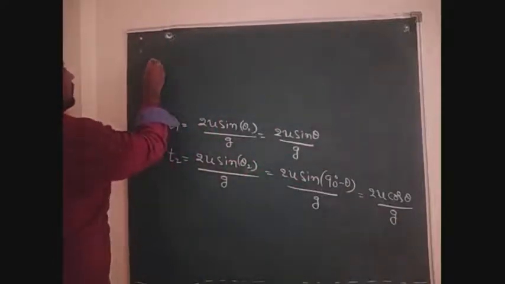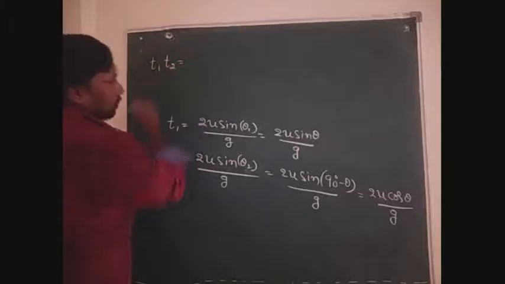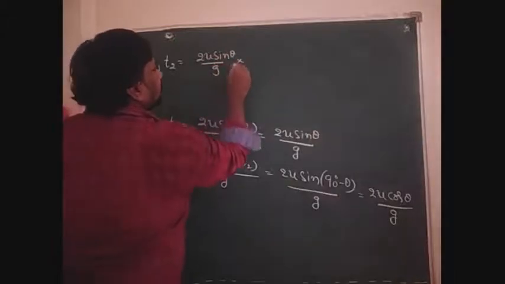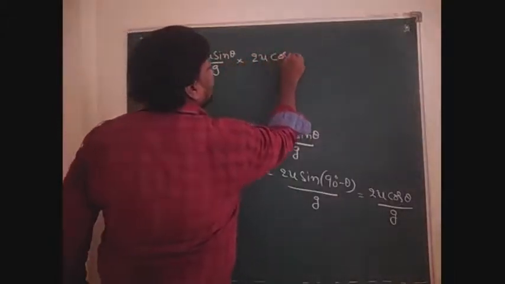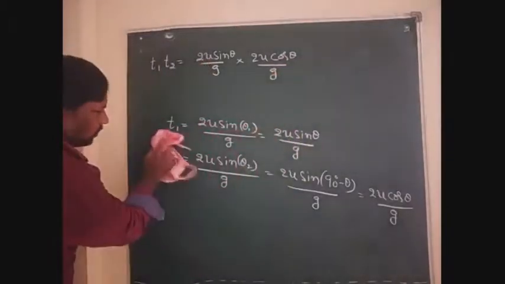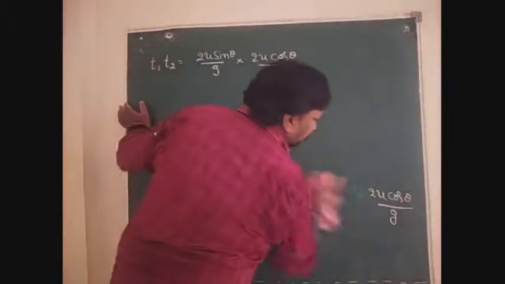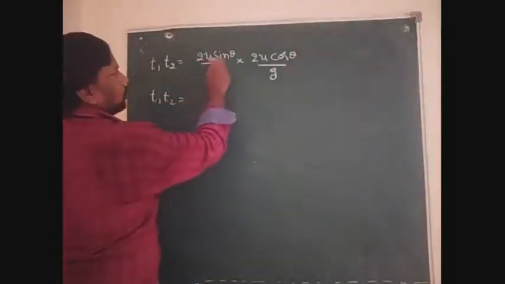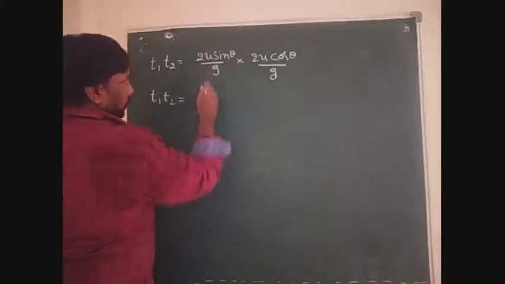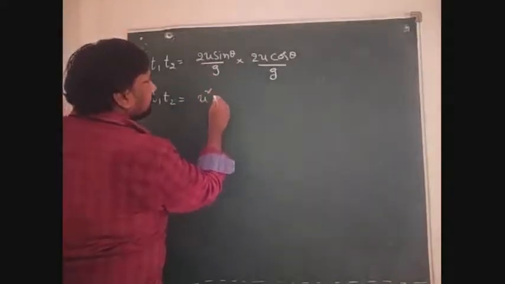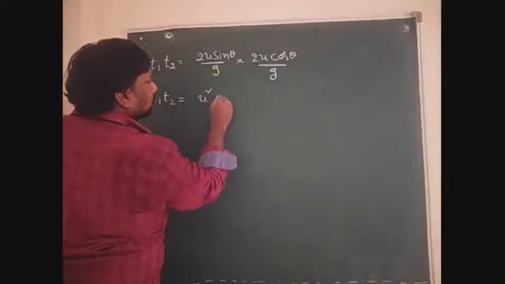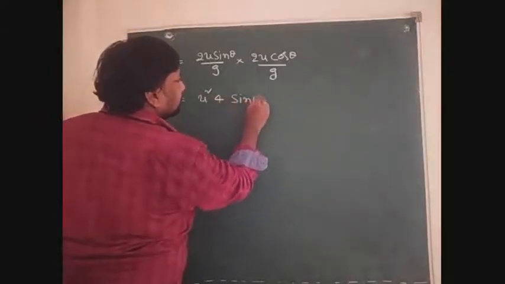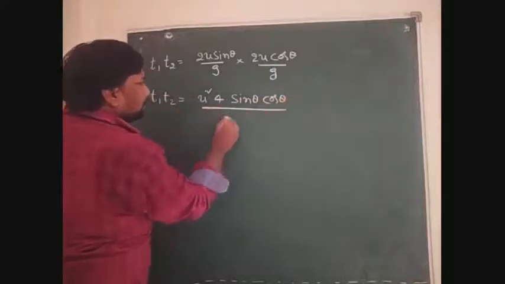So here T1 into T2 equal to 2u sine theta by g into 2u cos theta by g. Now T1 into T2 equal to u into u, u square, two into two, that means 4, sine theta cos theta by g square.